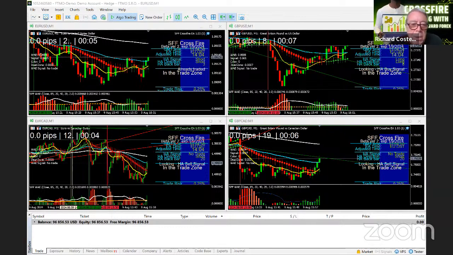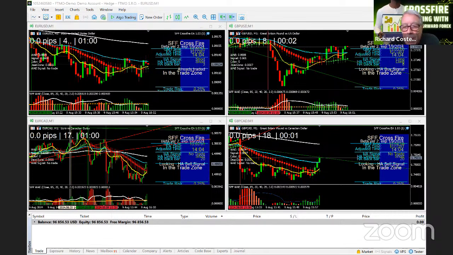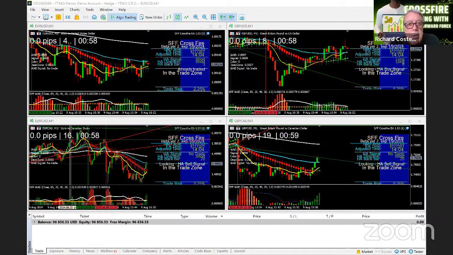Although on this pair, I did make a full 2% this morning. Right, there we go. It's just taken me out because you've got a blue arrow there. You've gone from red Heiken-Ashis to green Heiken-Ashis. Didn't take me out on the first one, but it's taken me out on the second one.